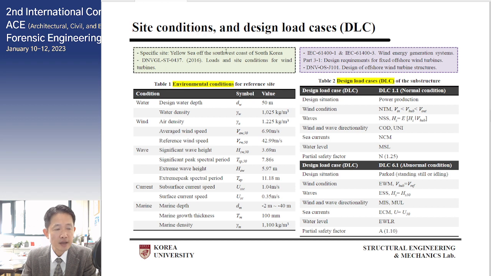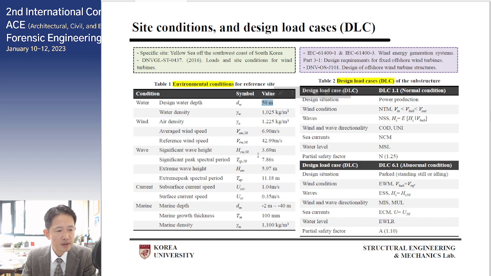And then as the design codes, we'd like to refer to DNVGL-0437 for load and site conditions, and also DNV-OS-J101 for the design of offshore wind energy substructures, and also the IEC code for wind energy generation systems.